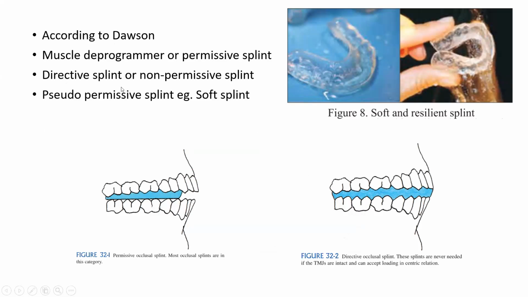He also classified the directive splint, in which the mandible is guided into a predetermined position. And he also classified the pseudo-permissive splint, an example of which is the soft splint.